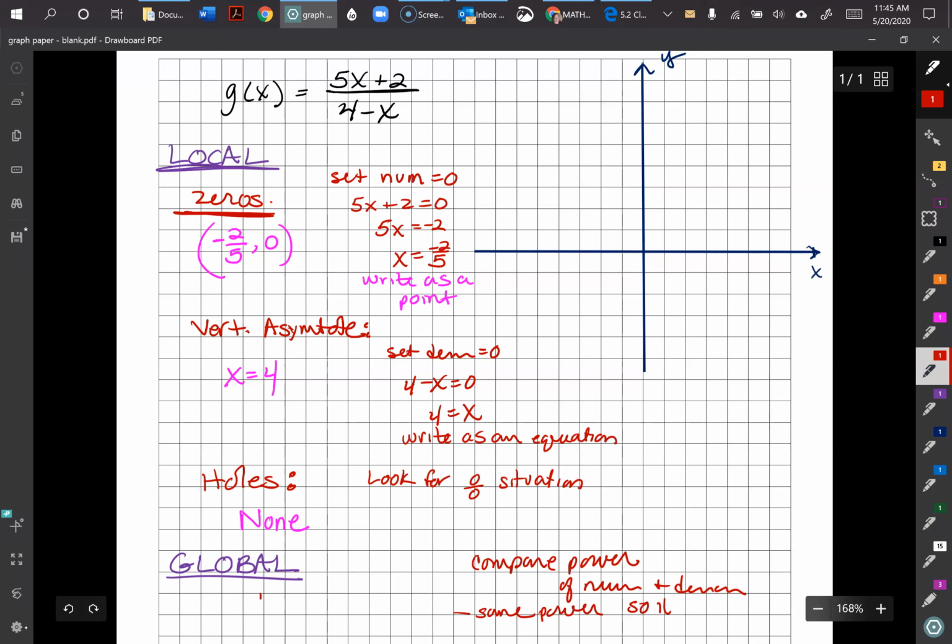So it's the coefficient of the lead. We might want to rearrange that so it would be 5x plus 2 over negative x plus 4, so that we ensure we get that correct there.